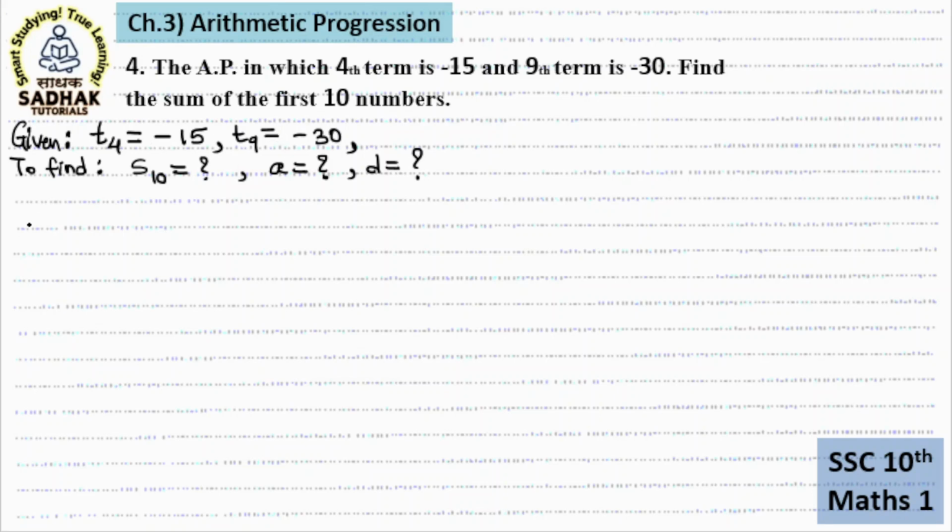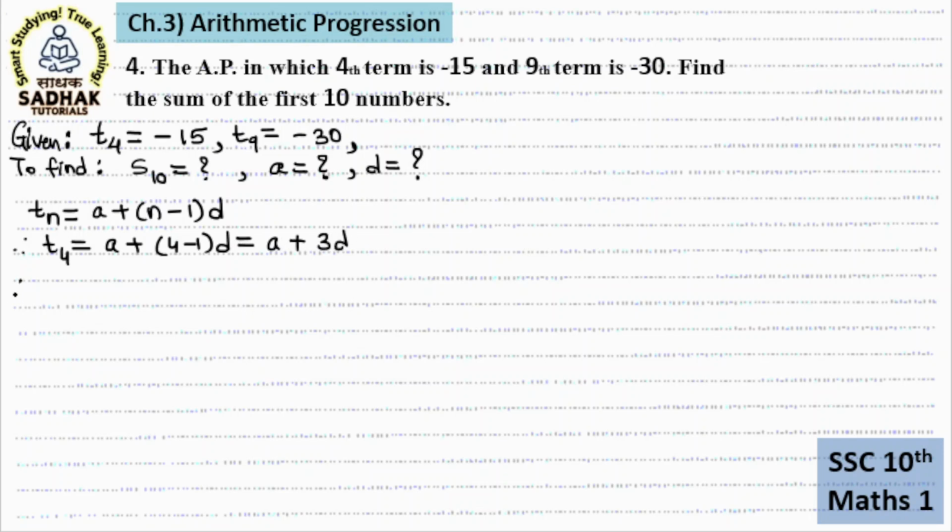Let us start with the Tn formula. We know that Tn is equal to A plus (n minus 1)D. So from this, T4 is equal to A plus (4 minus 1)D, so that will be A plus 3D.